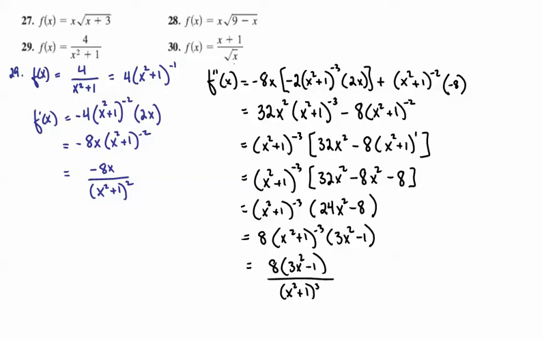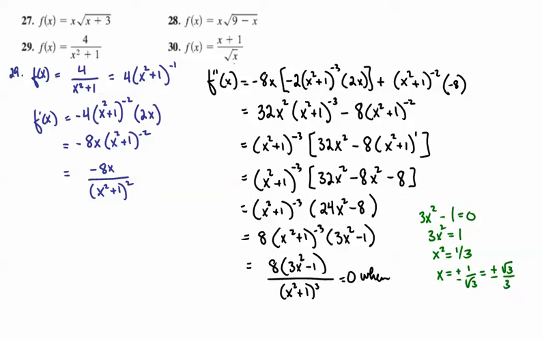So this is equal to 0 when 3x squared minus 1 equals 0, 3x squared equals 1, x squared is 1/3, and x would be plus or minus 1 over square root of 3, which is plus or minus root 3 over 3.